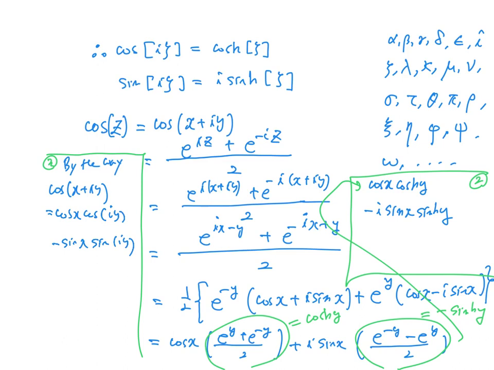This is the cosine addition theorem. Then cosine iy is cosine hyperbolic y, right? So cosine x cosine hyperbolic y minus sin x times sin iy, which is i sin hyperbolic y.